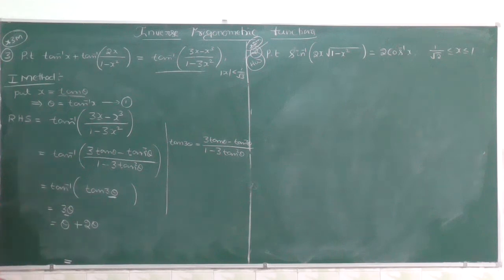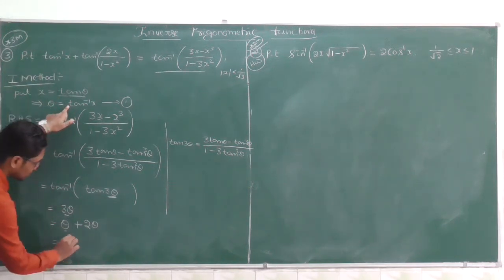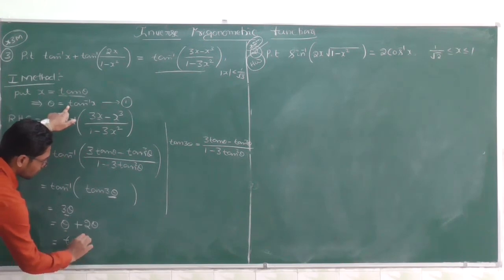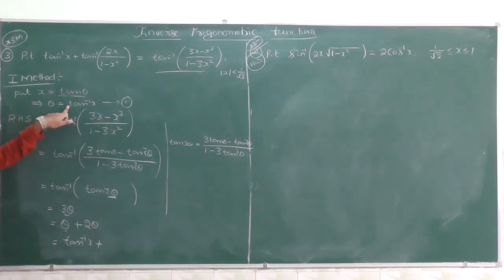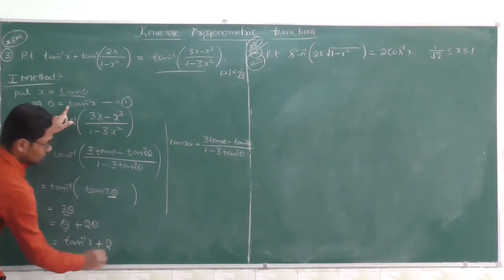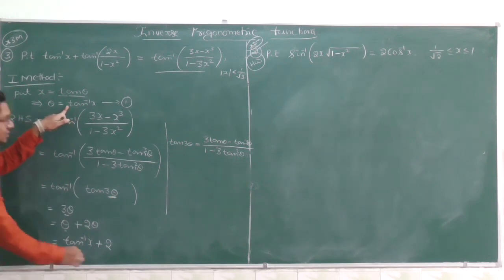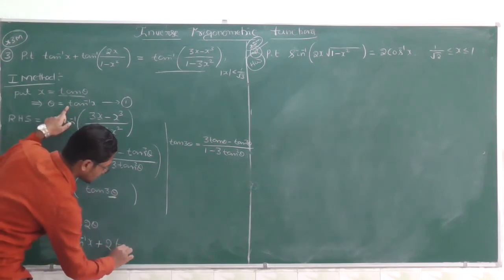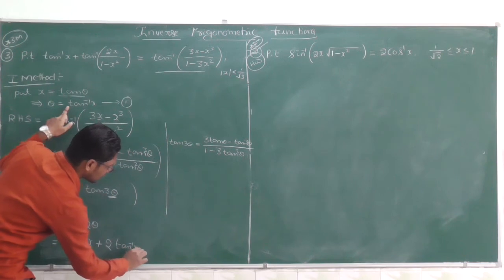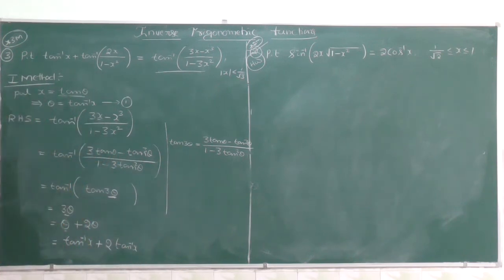Theta is tan inverse x. Replace it: tan inverse x plus 2 theta. And 2 theta is 2 tan inverse x.